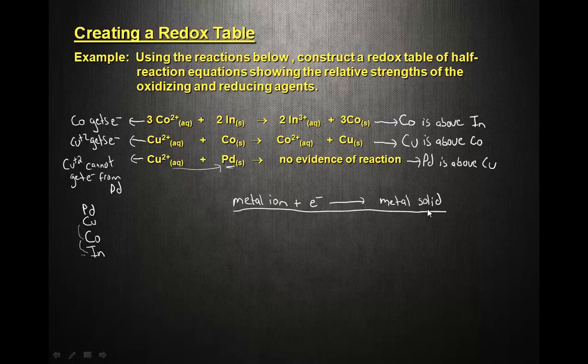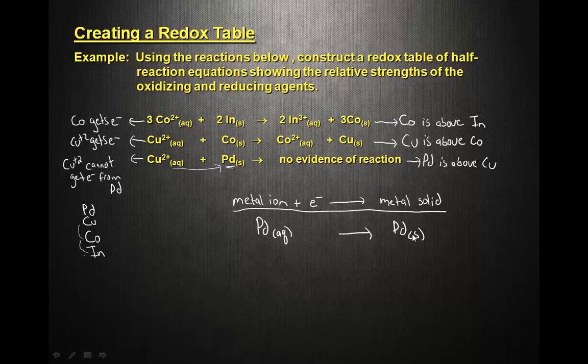And now all we're going to do is put the metal ion, so this is the aqueous form, and turn it into its solid. Now, for Pd, how do we know what its ion is? Is it Pd plus 1, Pd plus 2, Pd plus 3? If I give you a metal like Pd in this case where you don't know what it is, make it up.